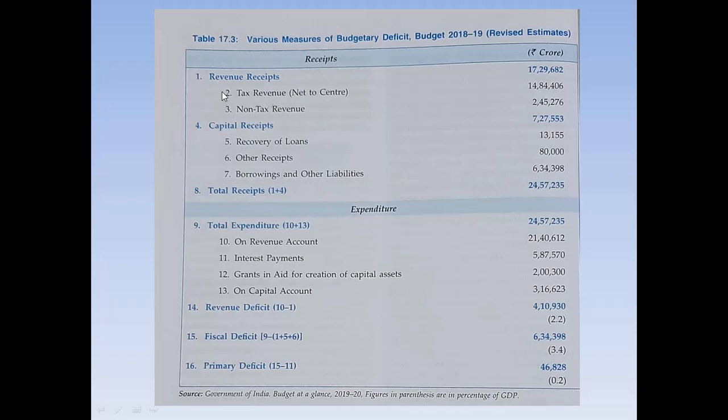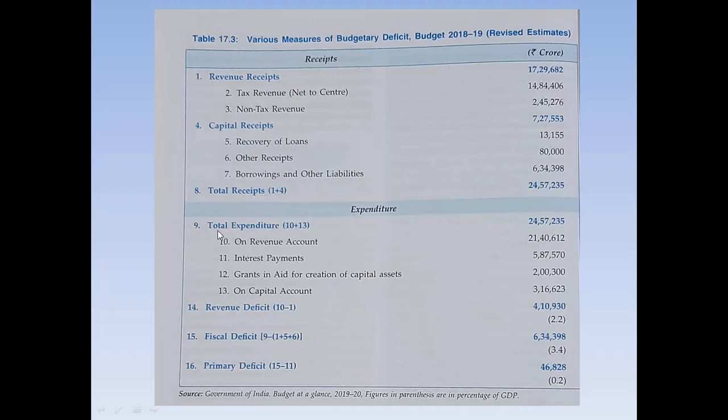If you only combine 2 plus 3, that is your revenue receipt, it will total 17,29,682. The capital part is 727,553. If you combine these two, you will get the total receipt of the government for a particular financial year or fiscal period.